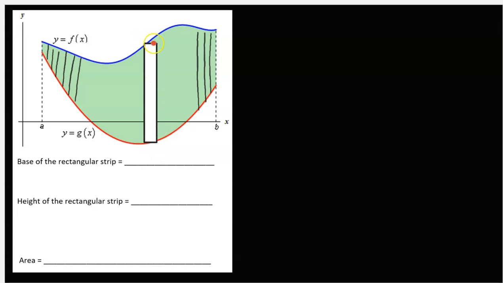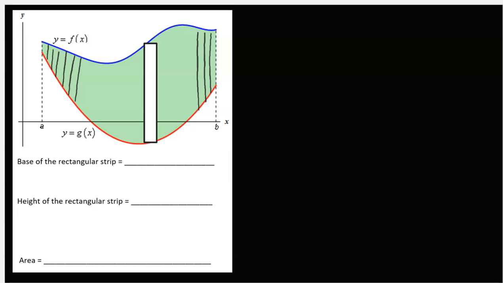So what we're doing is we're dividing up the shape that goes from A to B into like maybe n number of rectangles.